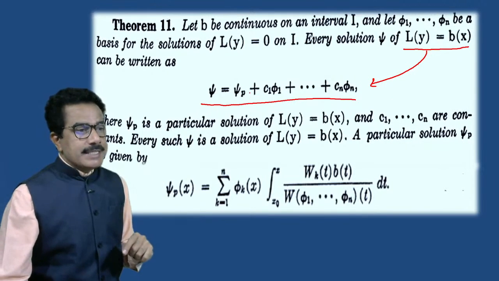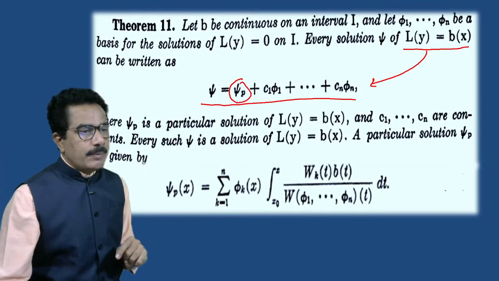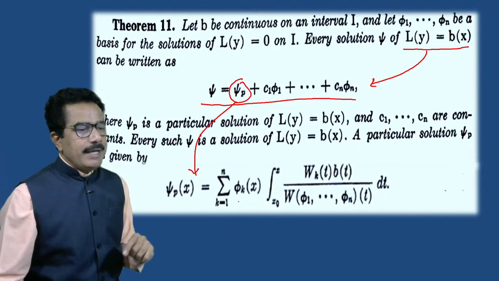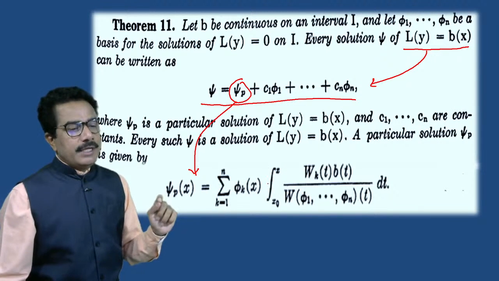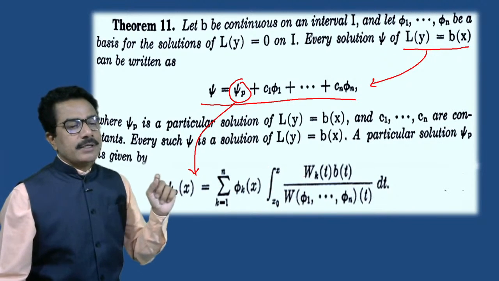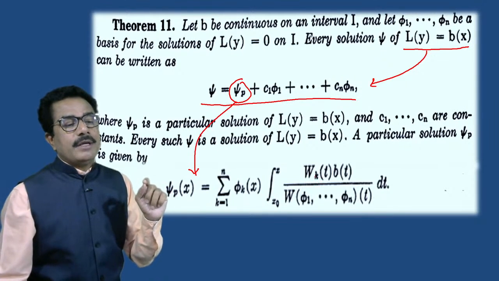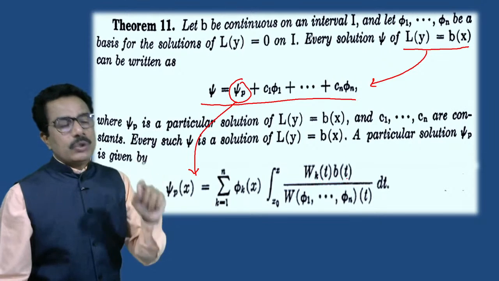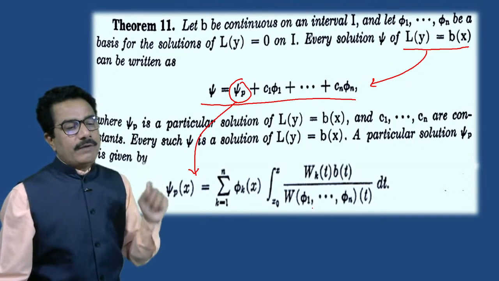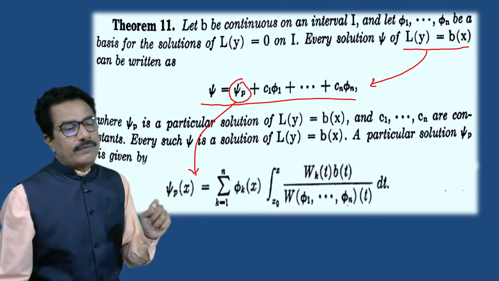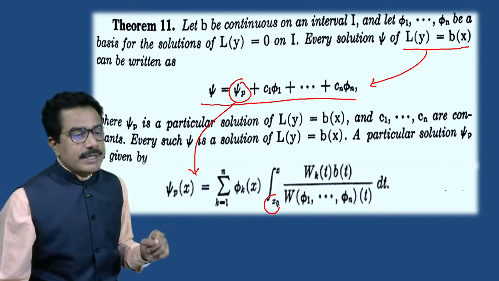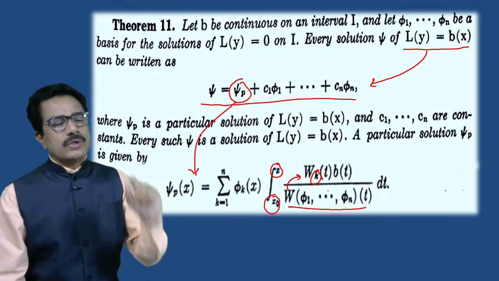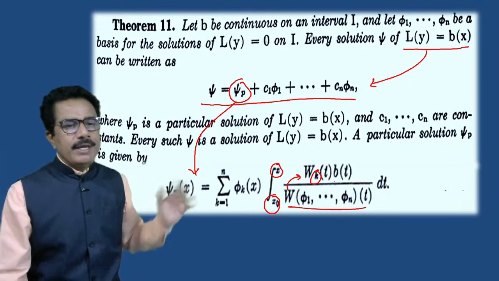And in that case we also have to prove psi p is given by summation k equals 1 to n phi k of x integral from x naught to x Wronskian k of t into b of t divided by Wronskian of phi 1, phi 2, dot dot dot phi n of t, dt. Here x naught is the initial point. In this way we can obtain it.